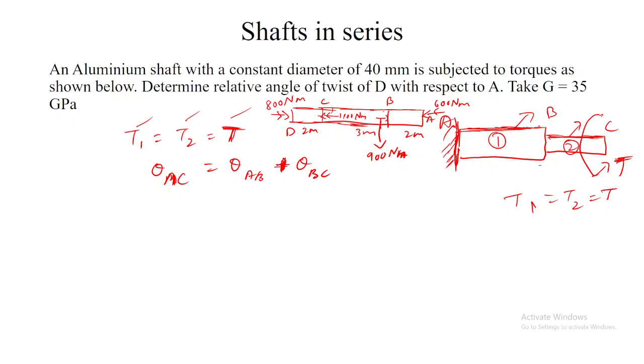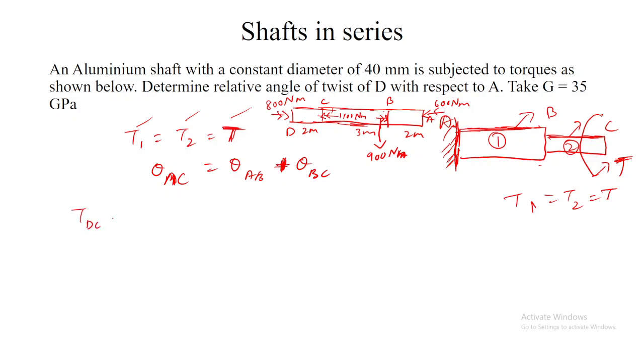So can you find out what you have been asked to calculate? Determine the relative angle of twist of cross section D with respect to A. So what is the torque in section DC or member DC? 800.